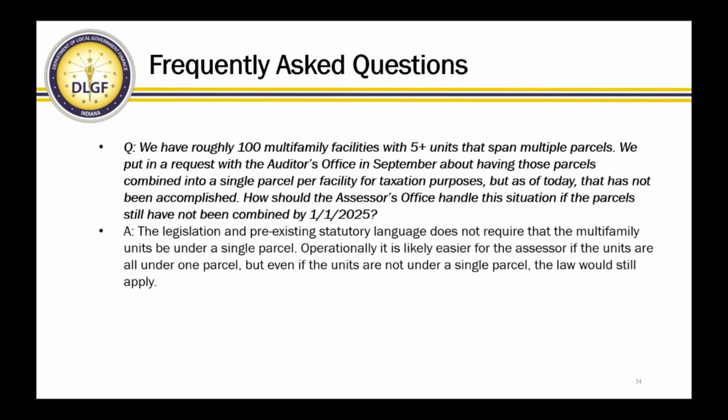In this situation, the legislation and pre-existing statutory language does not require that the multifamily units be under a single parcel. Certainly, it makes it a lot easier if the units are under one parcel, but it's not a requirement, and the law still applies regardless of the number of parcels involved.